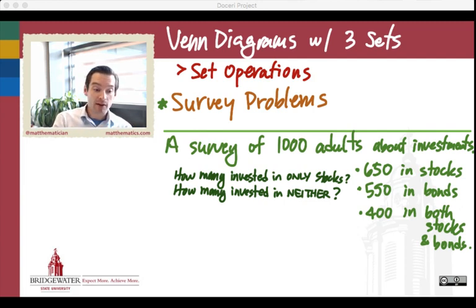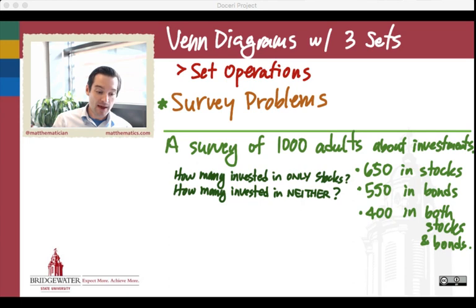So for example, if I were one of the respondents in this survey that was invested in both stocks and bonds, so I'm part of this 400, that means that I'm part of this 400 number, but that also means that I'm part of this 650 number because I'm invested in stocks, and I'm also part of this 550 number because I'm invested in bonds. So if I'm one of these people, I'm getting counted in 3 different places in this list. And the trick is, we want to take apart this information in a way in which each respondent is only counted once. Right?